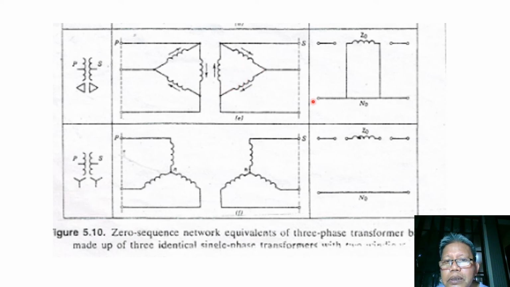But with respect to the primary terminal, to the windings of the transformer, it is open, and similarly at the secondary, it is also open. So zero sequence at the primary cannot flow through the transformer nor to the secondary.